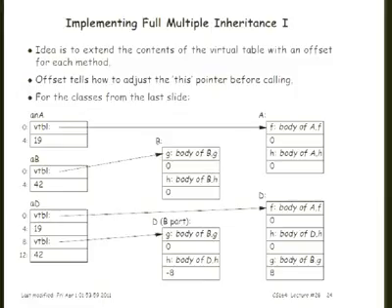So here's how it works. We have an A, a B, and a D. If you have an A, then its virtual table looks the same as always. You have a virtual pointer to F, you have a pointer to H, and the two offset things are both 0, indicating that an A is a this that does not have to be adjusted before you call either of those methods.